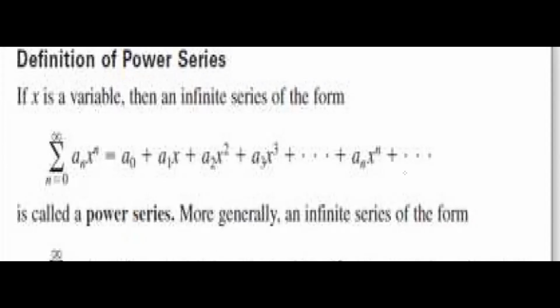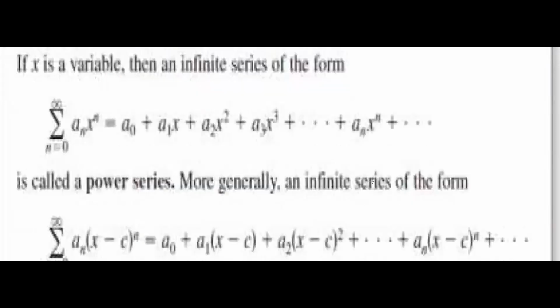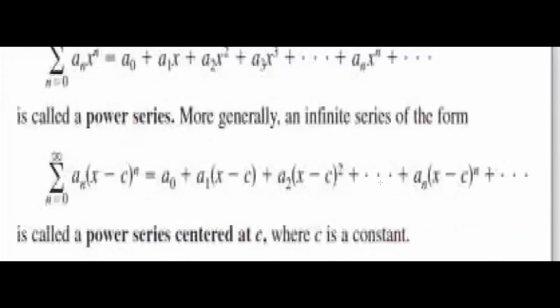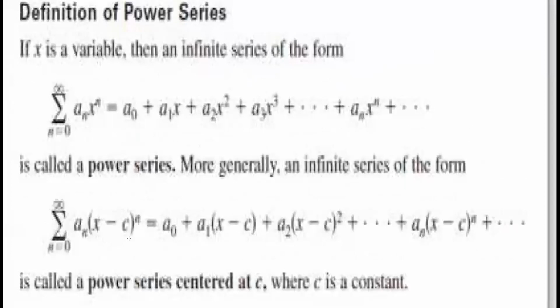So this is a power series around origin. Okay, origin means 0. Now if we generalize it, then we want to define a power series around any complex number c. So how do you define it? We'll simply replace x by x minus c. So what will be the ultimate result then? Summation n equal to 0 to infinity an x minus c whole to the power n.